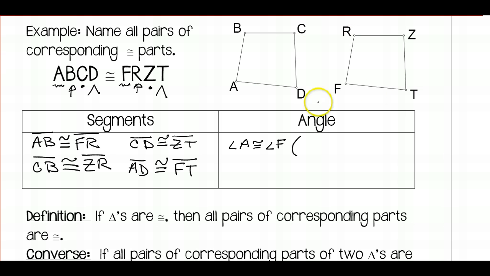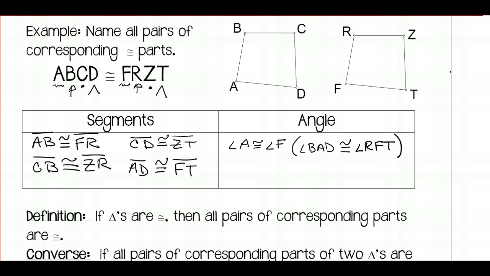In this case, there's no confusion if I just use one, but for example, angle A I could call angle BAD, and that would be congruent to, since I went B top, A underneath it, D to the right, I'm going to do the same thing over here and call that angle RFT. Alright, angle, let's get my angle symbol in there, angle RFT.